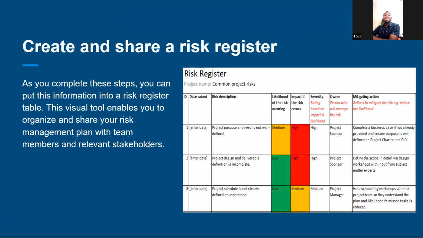And if the resources they are going to need also can be placed there, according to what is on our screen here. So the persons, the severity, the owner, and the mitigation actions, how the person is going to go about it, and describe the risks and also the dates that it's being raised. So you have to put the dates, the person, as a risk register.